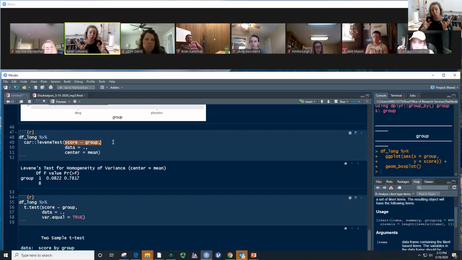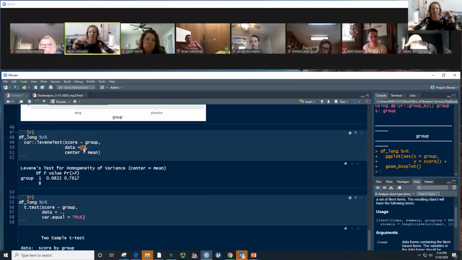The way you work with that is you have to put a period to say, this is where we want the data to flow to. See, here's my period. So this period says my data set from above is going to flow into this spot, because for Levine's test, it wants data to be the second thing in the parentheses.